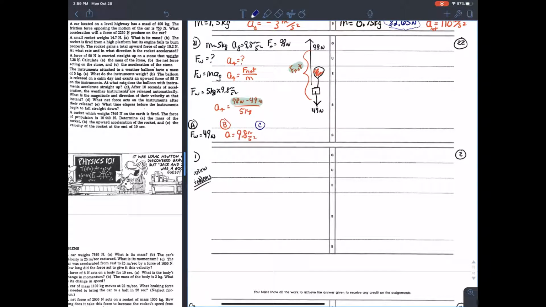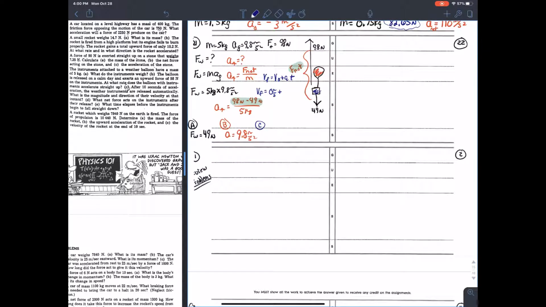Now, if we go back to the kinematics, we're trying to figure out what is going to be the final velocity of this thing. So final velocity, VF equals VO plus A times T. If the weather instruments at first are on the ground, we know the original velocity of this is going to be 0.